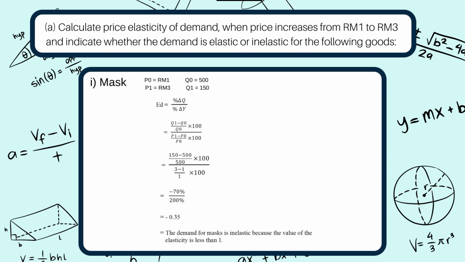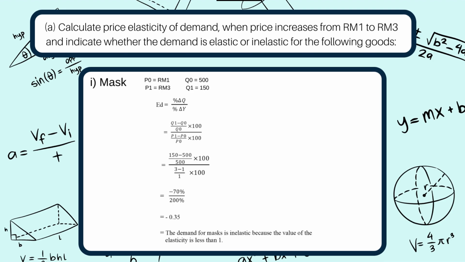Q1 subtract Q0 divide Q0 multiply 100, divide P1 subtract P0 divide P0 multiply 100. 115 subtract 500 divide 500 multiply 100, divide 3 subtract 1 divide 1 multiply 100.